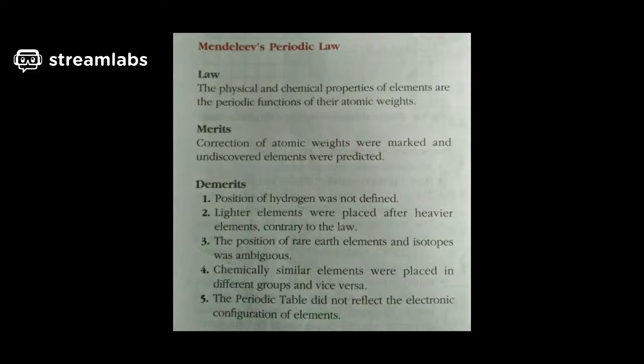Isotopes' existence brought confusion. In order to keep the elements in place, they were kept in different groups. This was another disadvantage. And the periodic table did not affect electronic configuration.